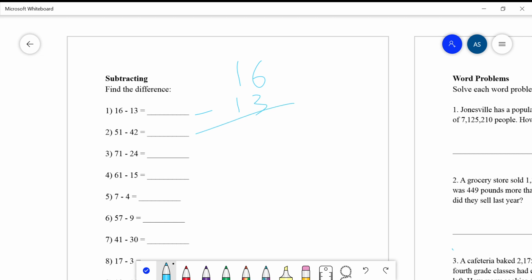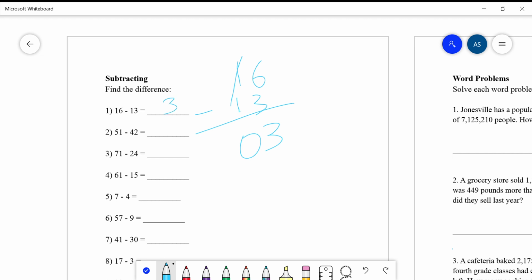The number you're taking away is 13 from 16. So 3 taken away from 6 is 3, and 1 taken away from 1 is 0. Our answer for this one should be 3.